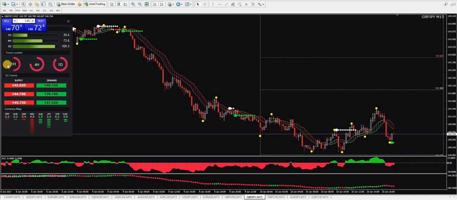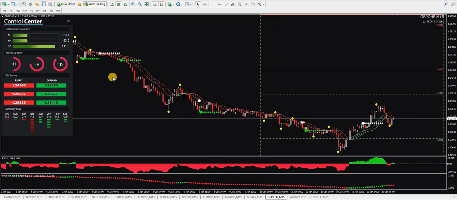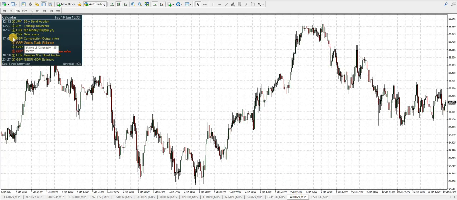Swing and signal dots, but we're red over here, and we're looking for a long based on these two dots here. And I believe we're done with news for the day. As you guys can see, the next news isn't for 12 hours, and that's on the Japanese yen.